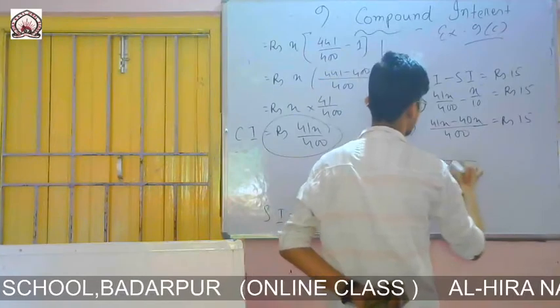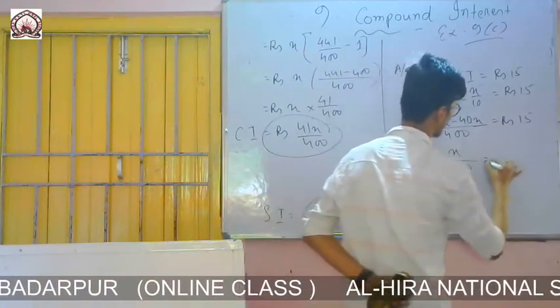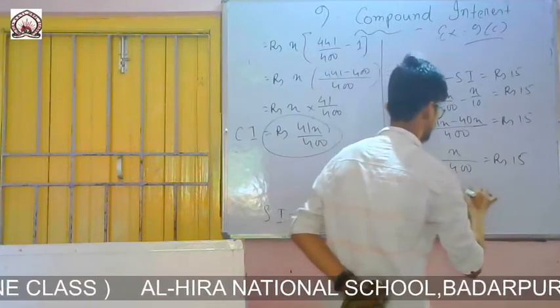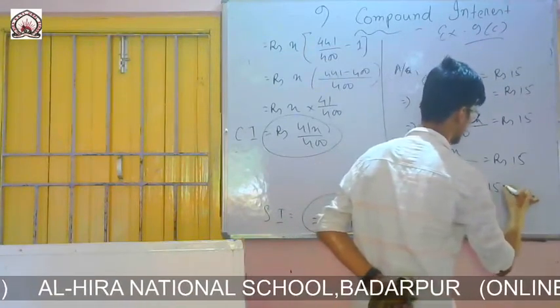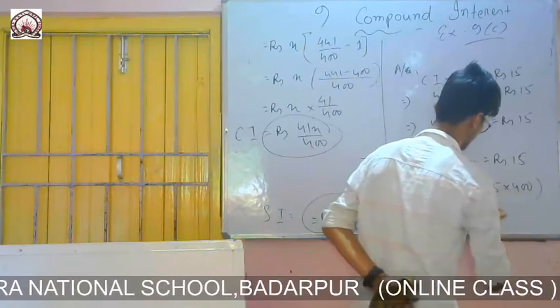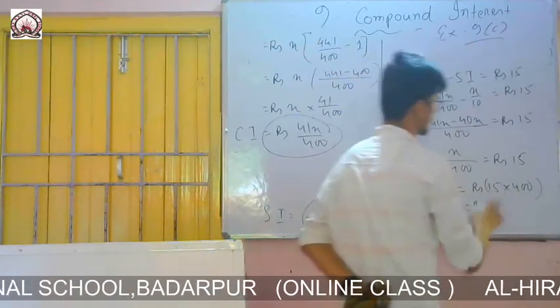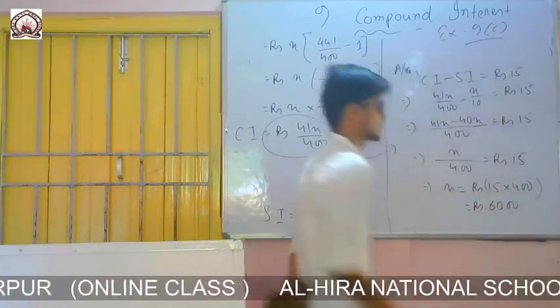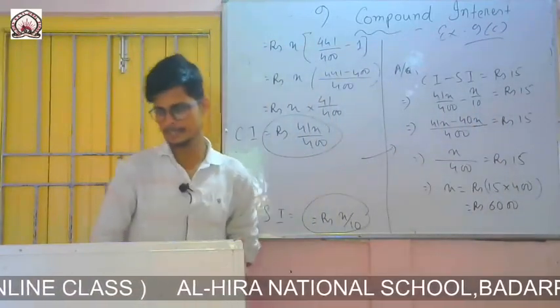So 41x minus 40x, that is x by 400 equals rupees 15, implies x equals rupees 15 into 400. Answer is 15 fours are 60 and 2 zeros, that means 6000. The value of x is 6000.